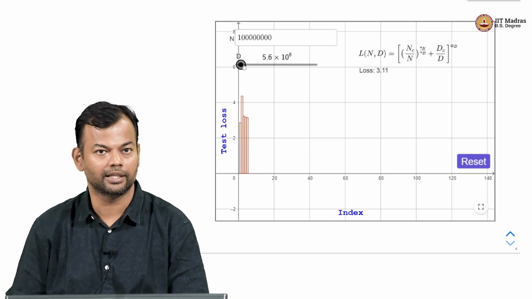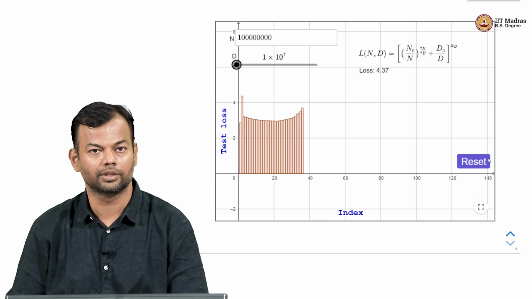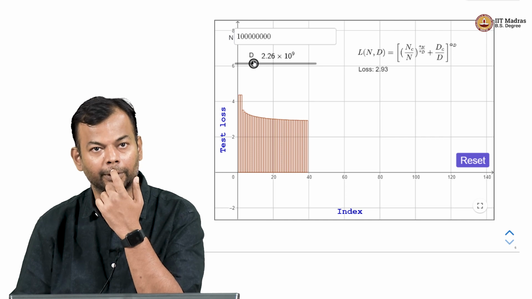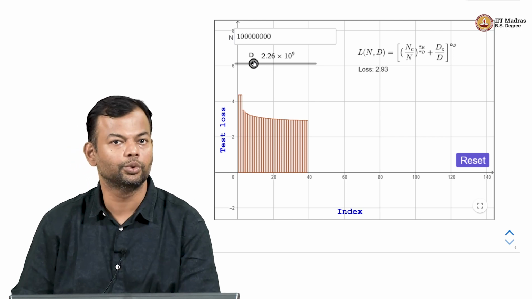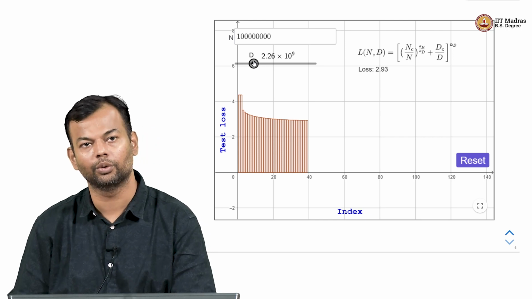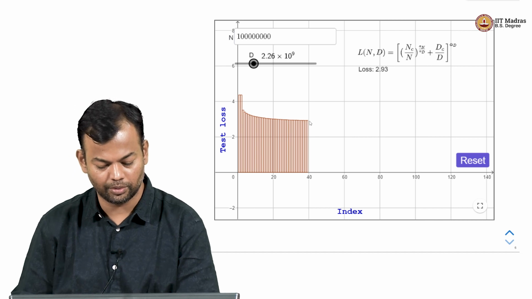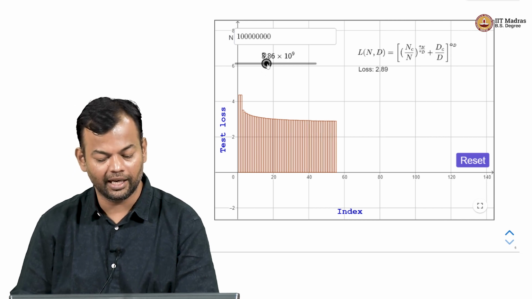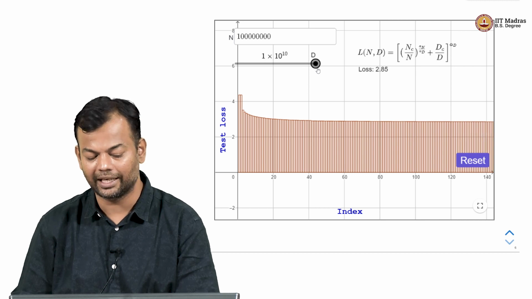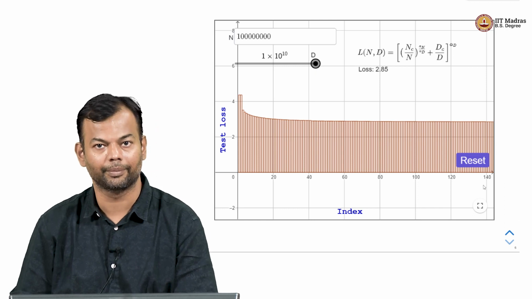Around 200 million tokens, you get a test loss of 2.93, and after that, as you keep increasing the number of tokens, you don't really get much benefit, because the model is not capable.